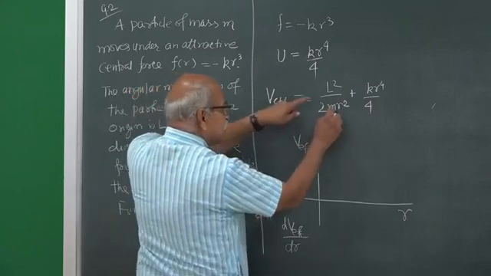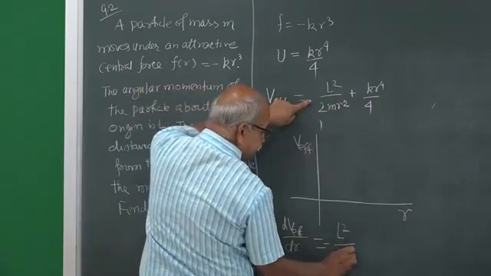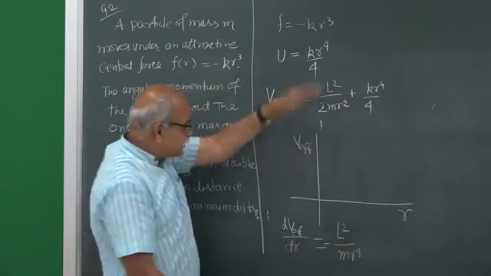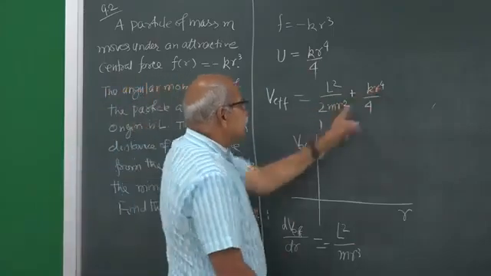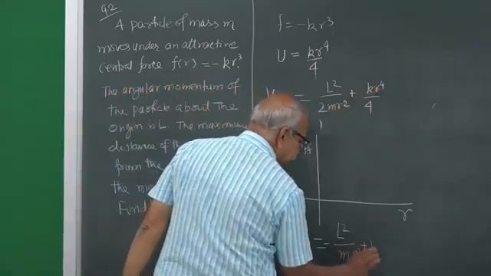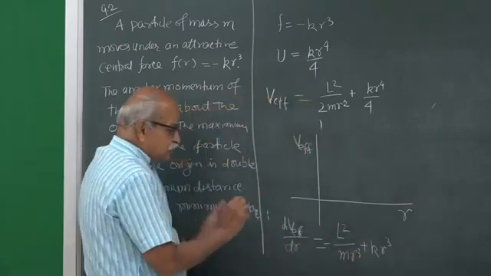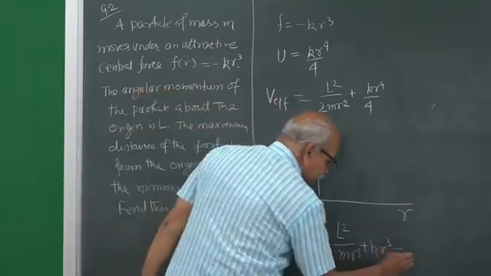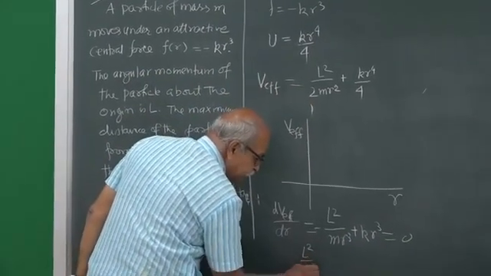So, if you differentiate, you have minus L square by m r cube, this term will always occur, and then here it will be plus k r cube. If it is going to be 0, then you get L square by m k.